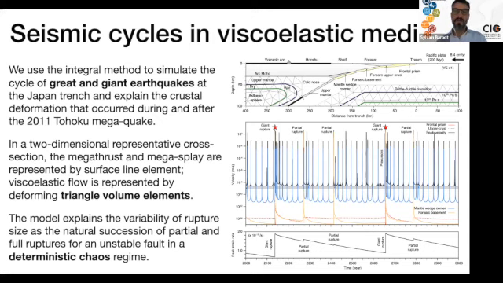So the fault is governed by a rate and state-dependent friction law, and the viscoelastic domains are controlled by a rheology that includes dislocation creep. It's a nonlinear stress-strain rate relationship, but also includes a transient strain, which is an accelerated phase that happens with any stress perturbation.